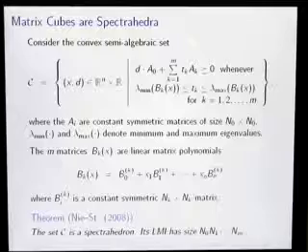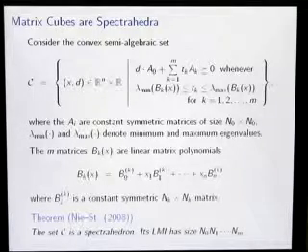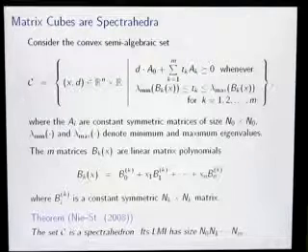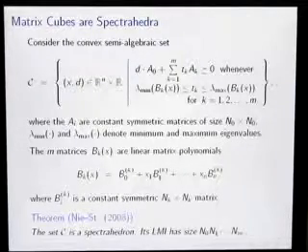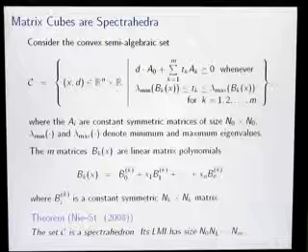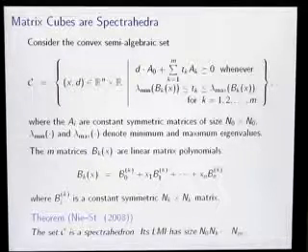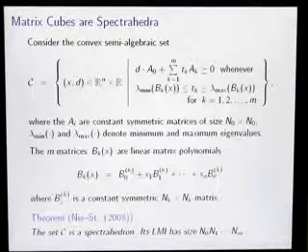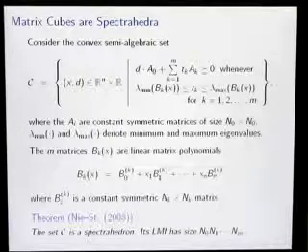I'm going to define a convex semi-algebraic set as follows. I look at pairs x in R^n and d, a real number, such that the following complicated condition holds. I take d times the matrix A0 plus a linear combination of t_k A_k, and this says positive semi-definite.